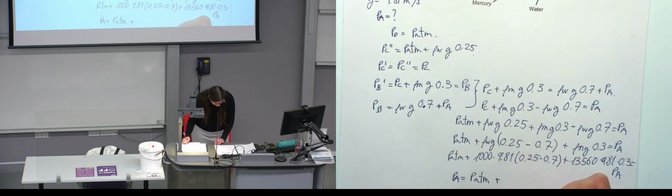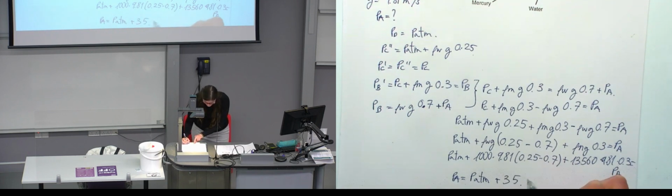And if you calculate this, you get that P_A is equal to the atmospheric pressure plus 35.5 kilonewtons per square meter. So this is the absolute pressure at A.